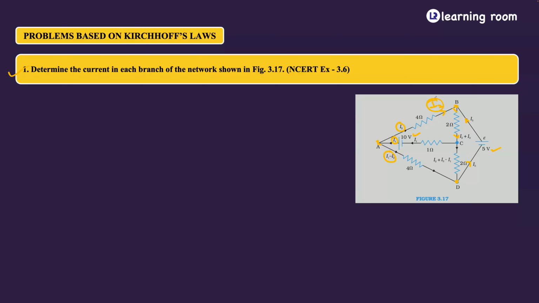To put it simply, what does Kirchhoff's current law state? The total current entering the junction will be equal to the total current leaving the junction. I1 is the current entering A. From I1, I2 is going here and I1 minus I2 is going here. Am I clear with this?